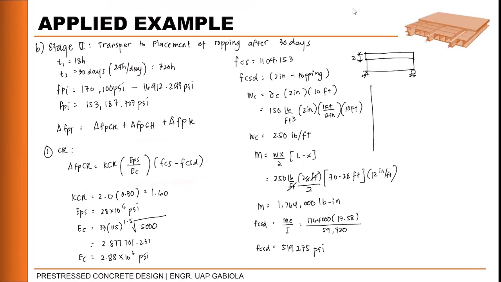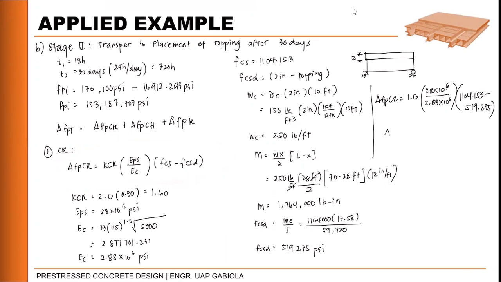Okay, so lagay natin dito. So, FPCR is equals to 1.6 times yung EPS natin again is 28 times 10 to the 6. Yung ating EC is 2.88 times 10 to the 6. And then yung ating FCS is 1104.153 minus yung ating na-calculate na value ng 519.275.